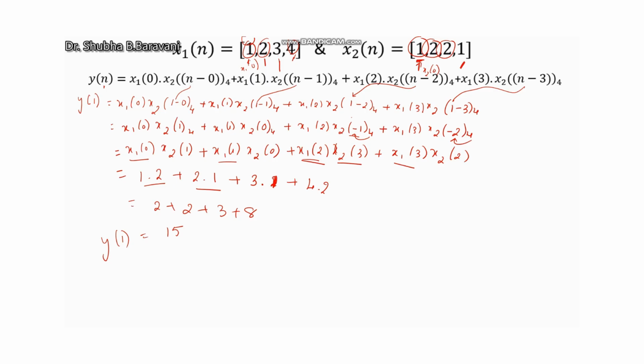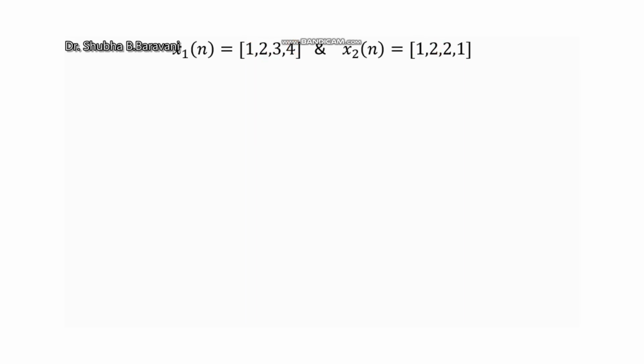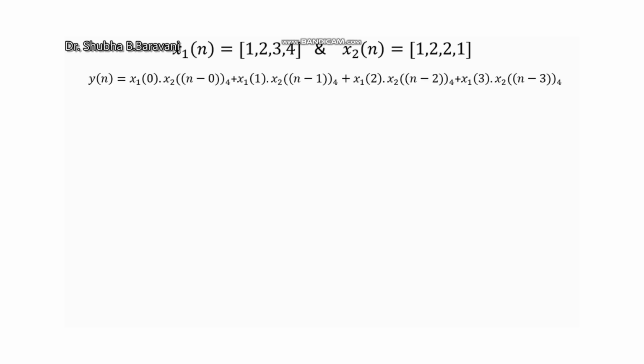So we are done with y of 0, which was 17, y of 1, which turns out to be 15, right? Next, we'll do y of 2, right? So we'll retain the main equation. I'll just go on substituting n values as 2, right?